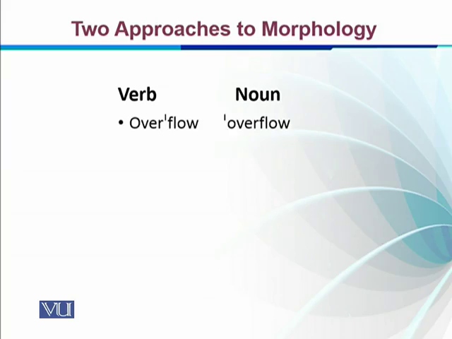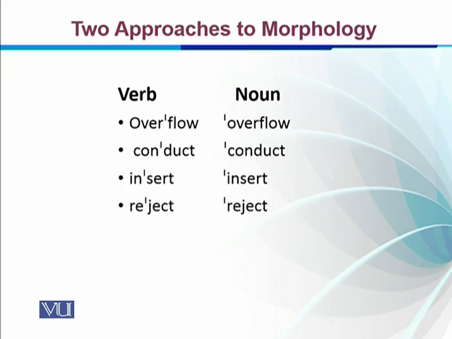Look at this: overflow and overflow, conduct and conduct, insert and insert, reject and reject, convict and convict. This type of analysis is only possible when we are using procedural analysis, item and process, which is difficult to analyze through item and arrangement.